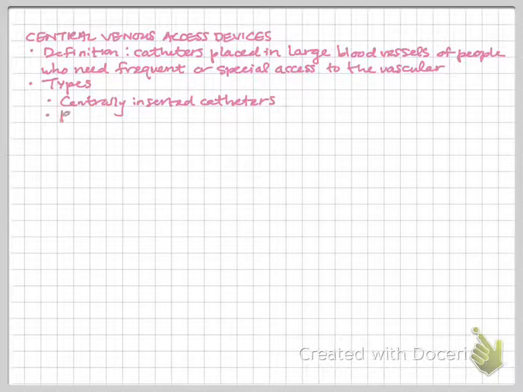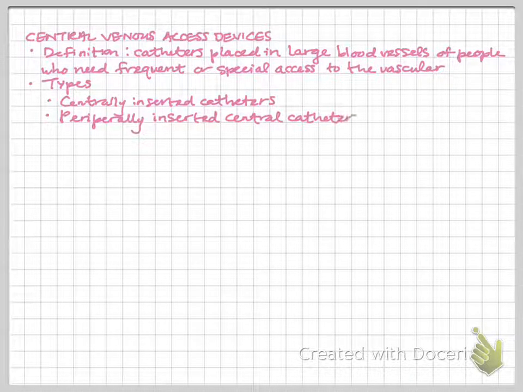Or peripherally inserted central catheters, which is a PICC line. And then also implanted ports. So we're going to discuss those ones, as well as the midline catheter, which is not technically a central catheter.